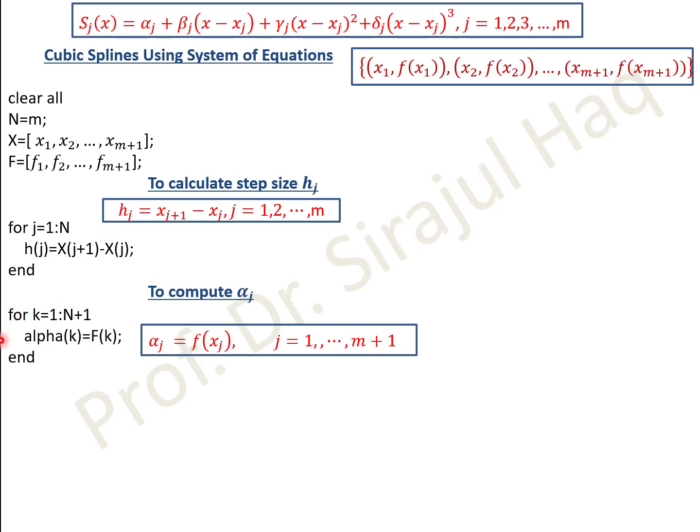So these three lines will compute all alpha i's for you. You need alpha 1, alpha 2, alpha 3, alpha m for these splines, but remember alpha m plus 1 we need in the computation of Ci.